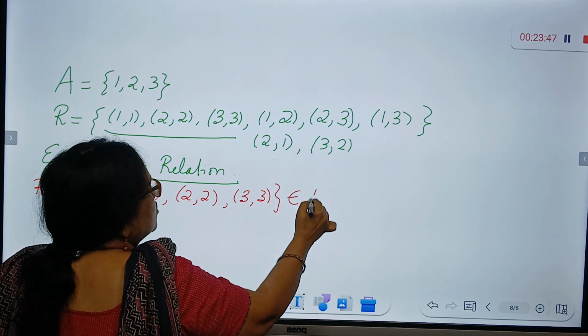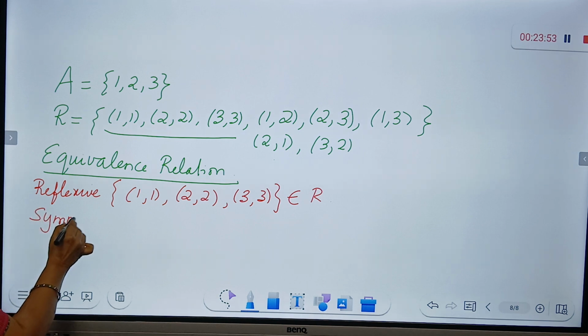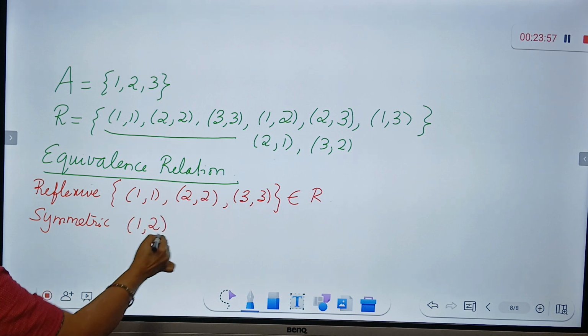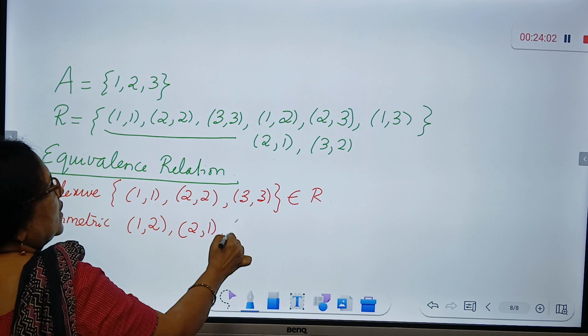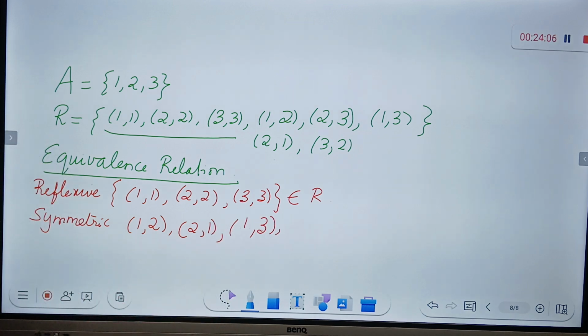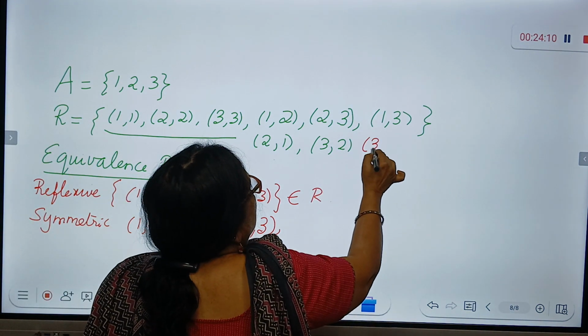All these belong to R. This is our R. Why is it symmetric? (1, 2), (2, 1), (1, 3). Does it have (3, 1)? No. So let me include (3, 1).